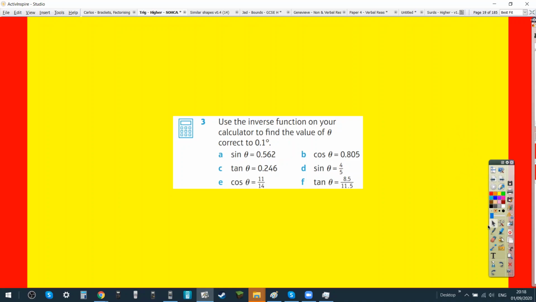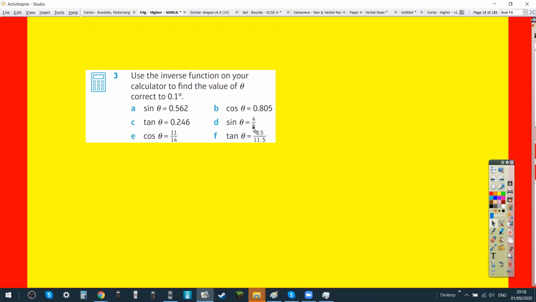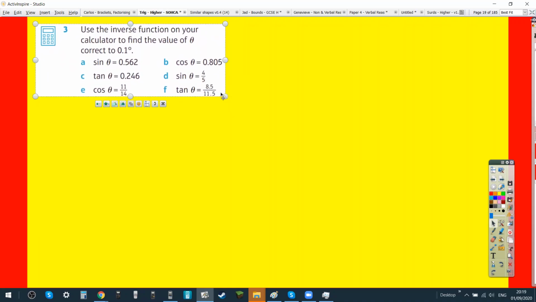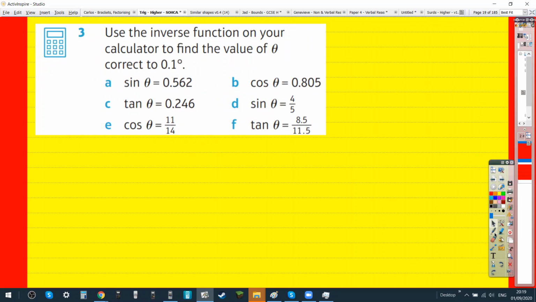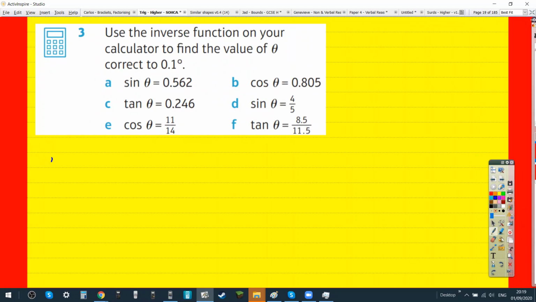Use the inverse function to do these. Take a look at this one. Question A, I'll just say sine x equals 0.562. The opposite of sine is sine with the -1, and that's what gets rid of x.